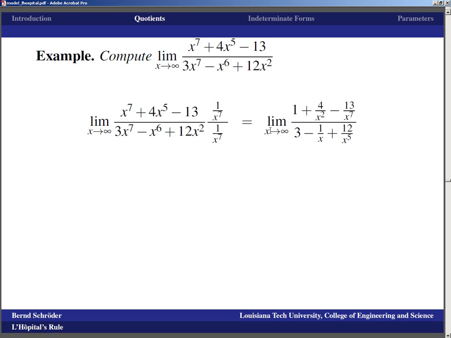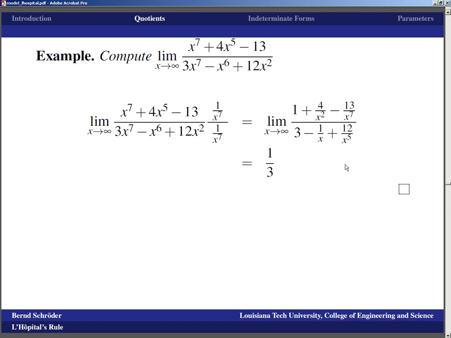We end up with the limit being the limit of x to the 7 over x to the 7, which is 1, 4x to the 5th over x to the 7, which is 4 over x squared, negative 13 over x to the 7 right here. 3x to the 7 over x to the 7 gives us 3. Negative x to the 6th over x to the 7th gives us negative 1 over x. 12x squared times 1 over x to the 7th gives us 12 over x to the 5th. And as x goes to infinity, this guy, this guy, this guy, and this guy goes to 0. So the limit is 1/3.